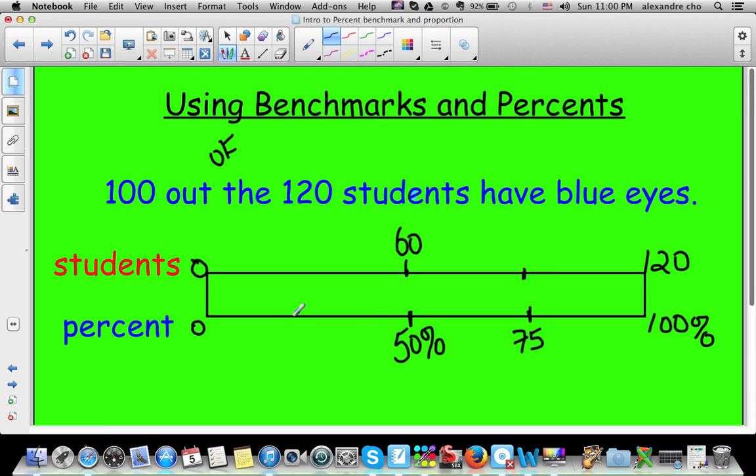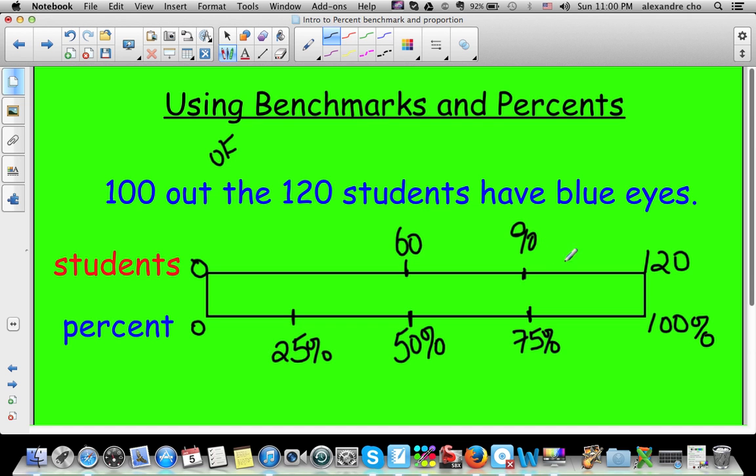I'll just draw this even though I don't have to worry about it. These are the benchmarks that I can draw. Once I have 50, I can do 25%, and I can also do 75%. And 75% is the halfway between 50 and 100. So what's halfway between 60 and 120? Halfway mark would be 90.